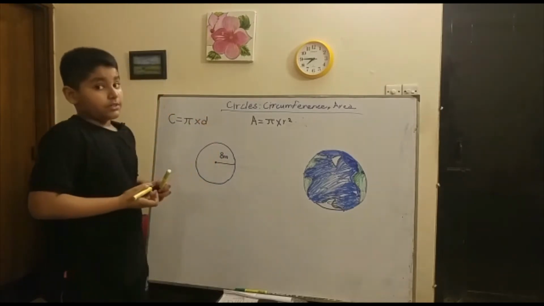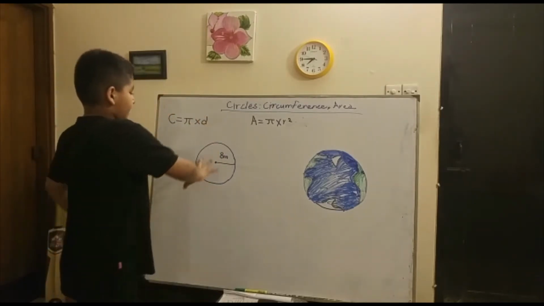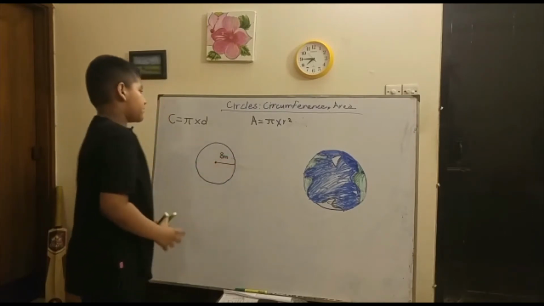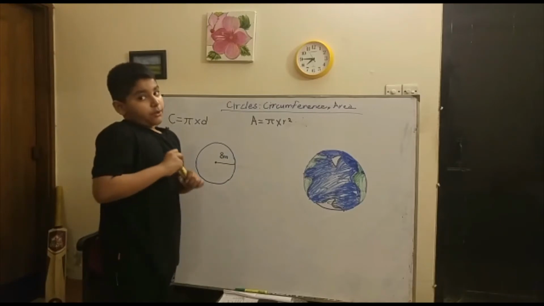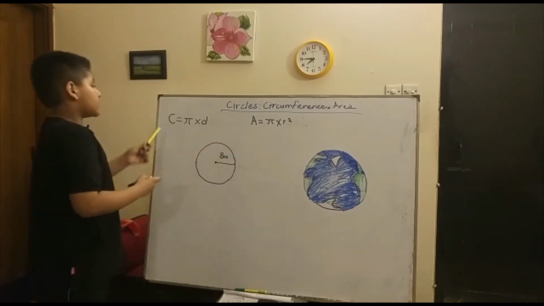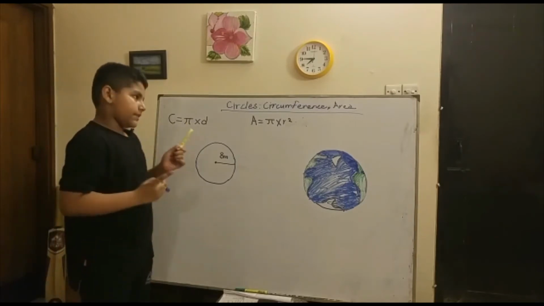Let's see these formulas in action. Let's say we have a circle that has a radius of 8 meters. We can find both the circumference and the area of the circle. The circumference equals pi times diameter, obviously.